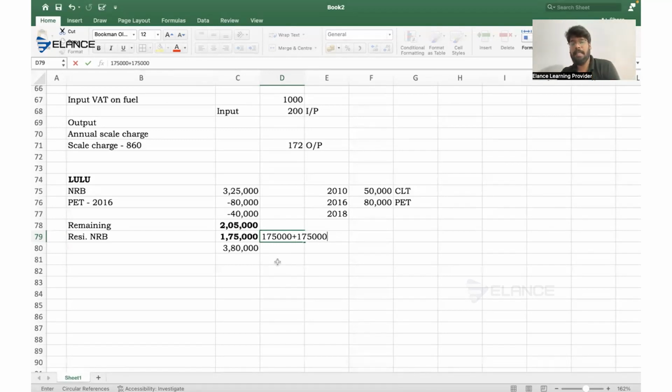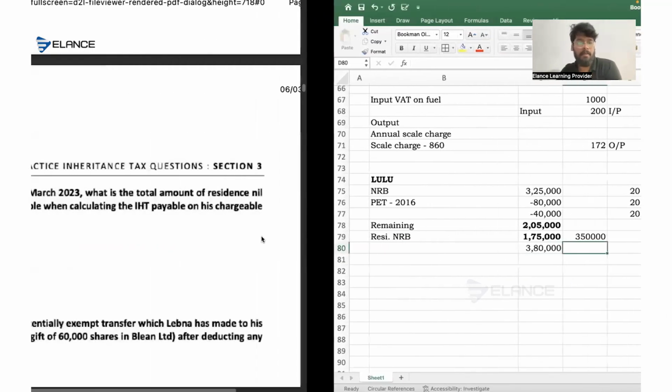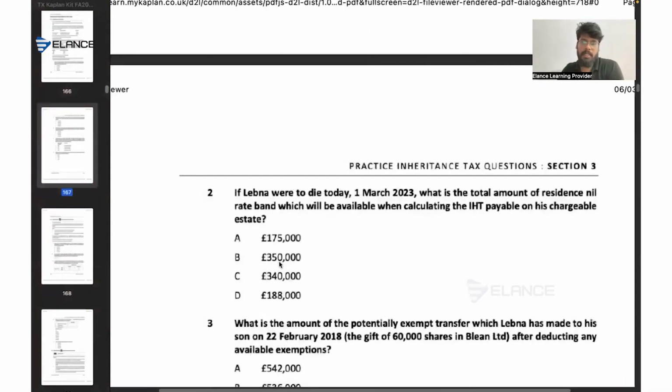Total residence nil rate band available is 350,000. 175 of Lebna and 175 of Lulu. Total 350,000 is available on Lebna's death.